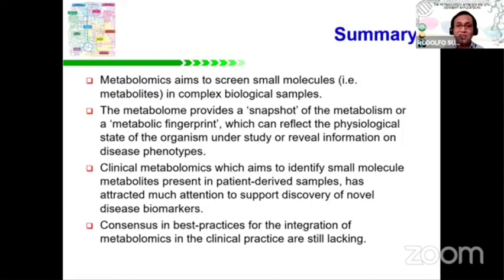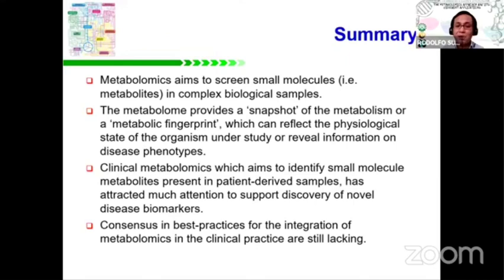One of the advantages is that this can reflect the physiological state of the organism, or reveal information on disease phenotypes. And among the omics approaches, I highlighted metabolomics being very sensitive to various environmental and physiological stimuli. Therefore, many researchers now are recognizing the importance of metabolomics, serving as the ultimate phenotype of organisms, including humans.